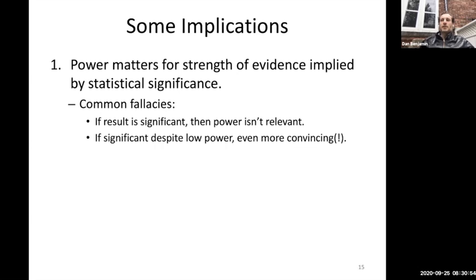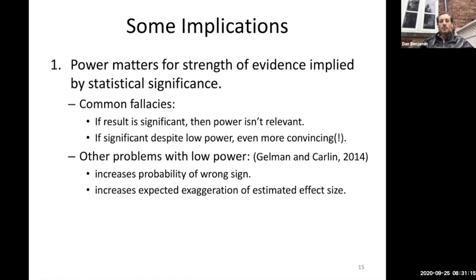And sometimes you even hear people go further than that, and they say, if you get a significant result despite having had low power, then it's like you've overcome adversity. It's like even more convincing that you got a result. And that's just not true. If power was low, then statistical significance is less meaningful in terms of evidence.